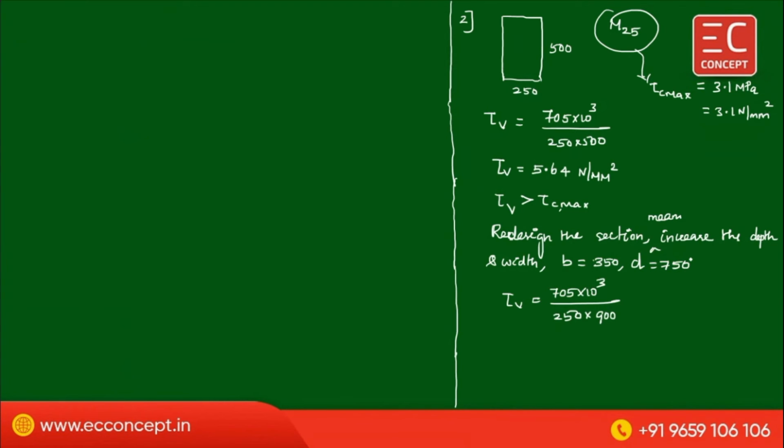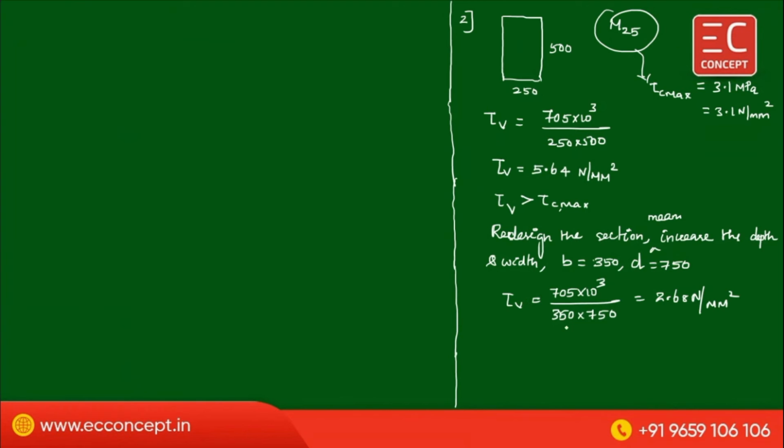Now let me check. 705 into 10 raised to 3 divided by 350 into 750. It's fine, now it's good. So for this section 350 into 750, you are getting 2.68 Newton per millimeter square.